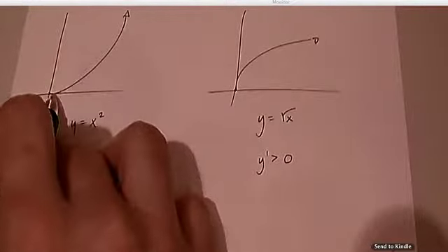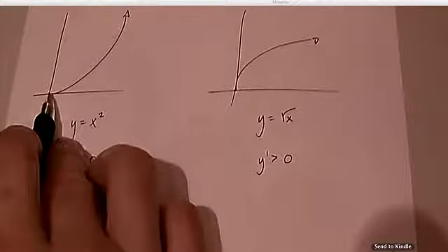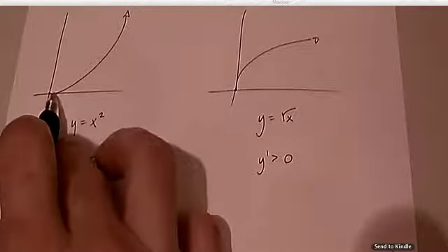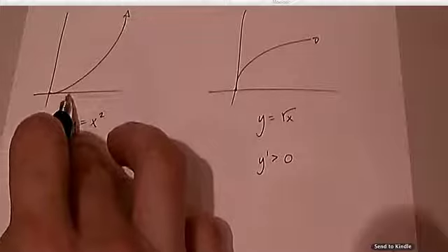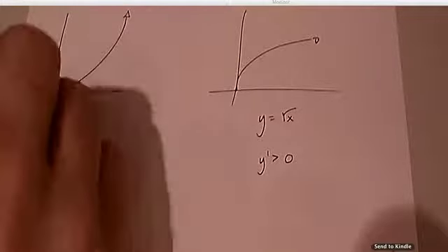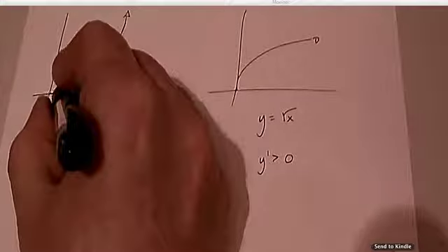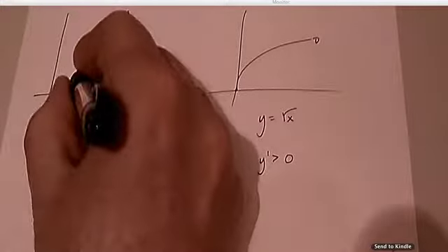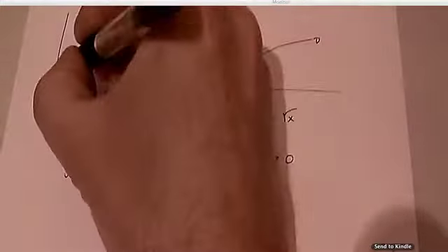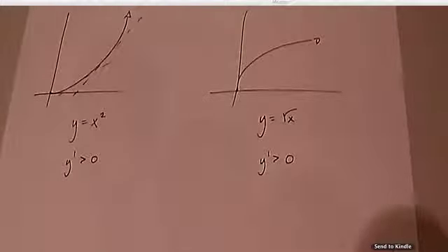Now, let's stop thinking about the outputs and let's start looking at the way that the slope behaves on this. We see the fact that the slope right here at the origin is 0. The slope right here is positive, okay, but moderately so. The slope right here is more positive, or a greater positive value.